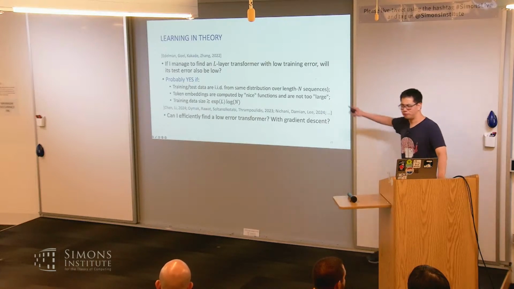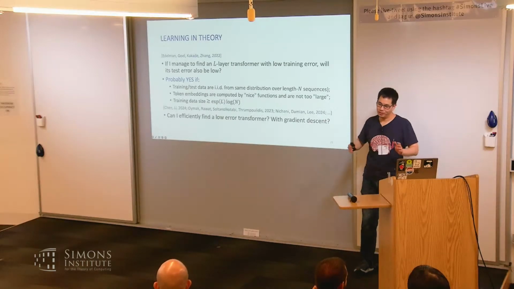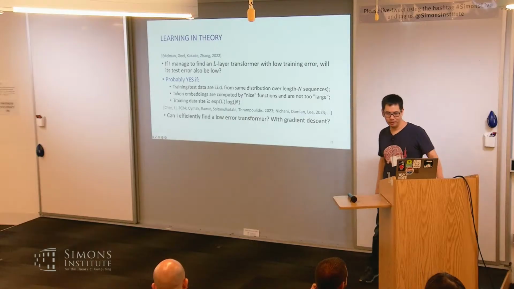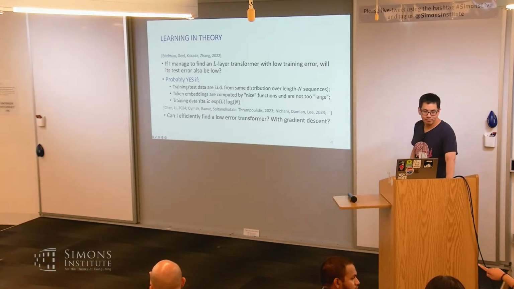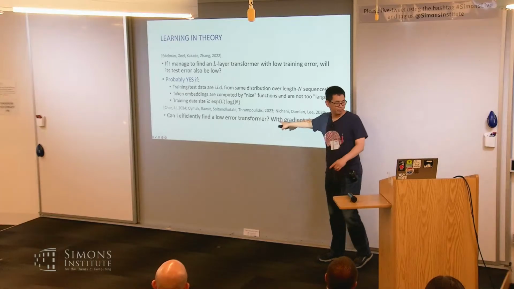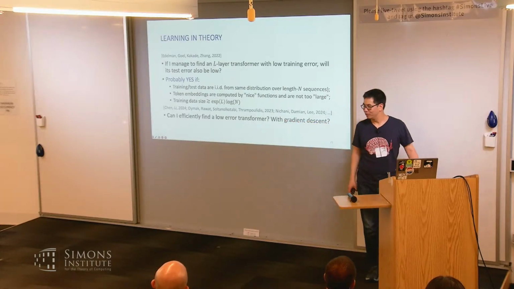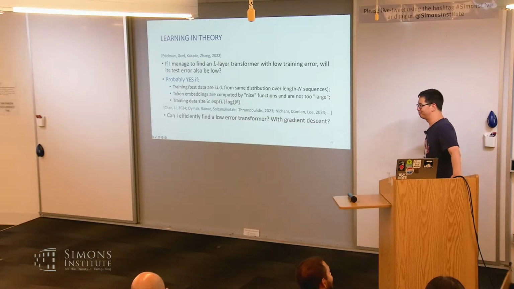The question is what do I mean by error? Any standard loss that you see in a learning theory textbook would be fine. But for the optimization, it matters what loss you're studying. That's true. Probably squared loss is the easiest one, so whatever squared loss means for a token, that's what you use.